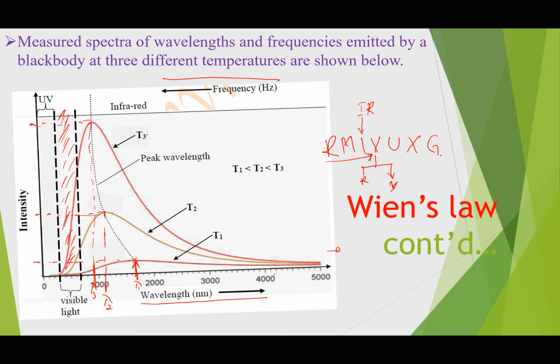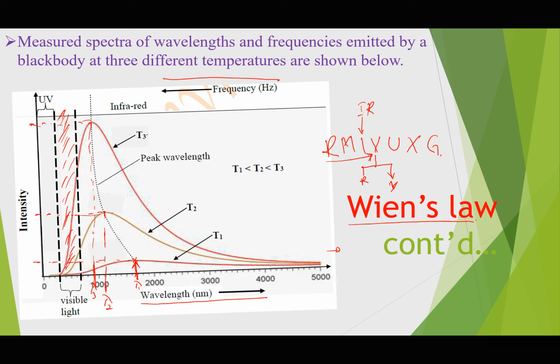So as temperatures increase, the wavelength at which the maximum intensity coming from a black body occurs is inversely proportional to the absolute temperature, and that's what we called Wien's displacement law.